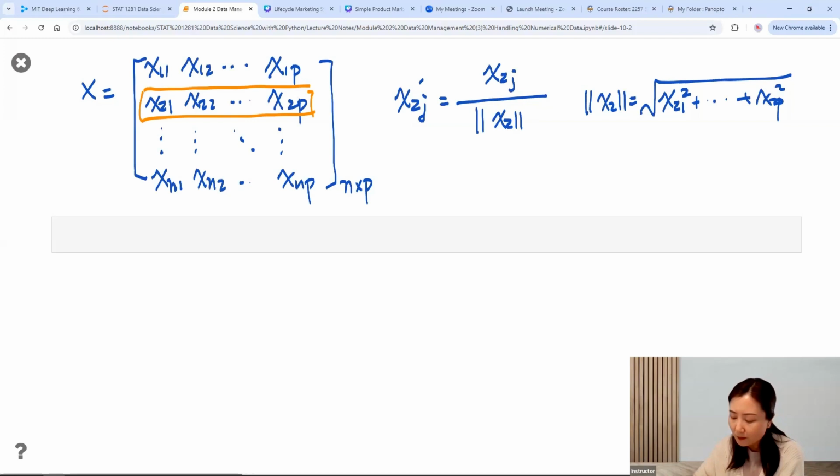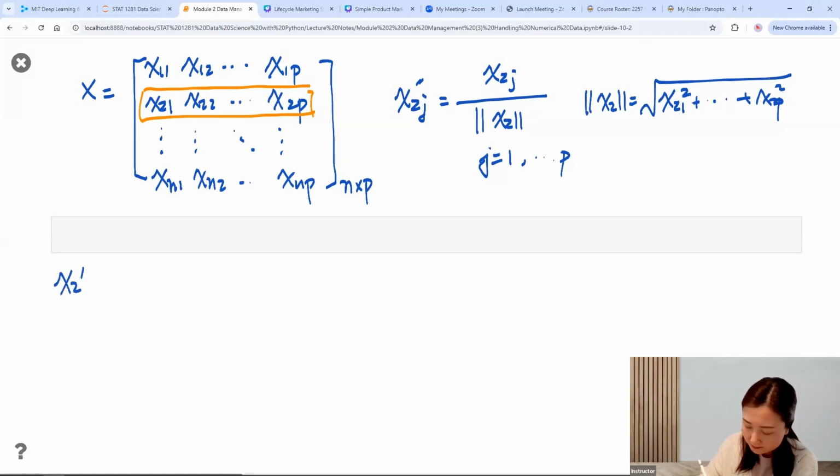We do the same thing for each j, where j is from 1 to p, for each number on the second row. Then after the transformation, let's verify that the norm of x2 prime will be equal to 1.